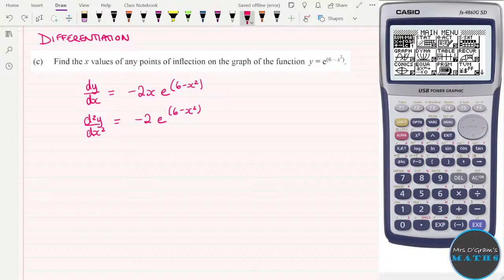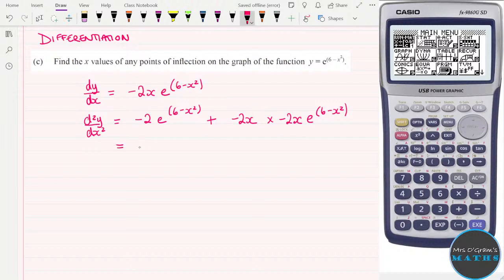So I differentiate the first thing, times it by the second thing, and then add on the original first thing, which doesn't get changed, and then we differentiate the second thing. So the e to the 6 minus x squared, well, that's what we did for our first step. So we just do that again, like this.